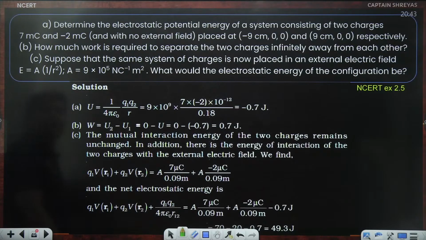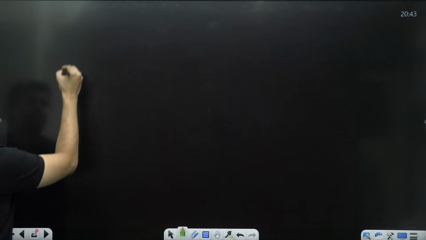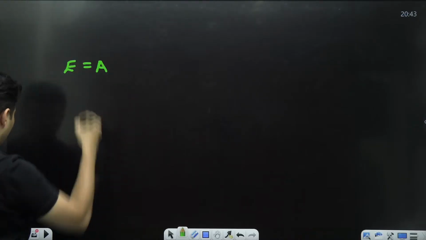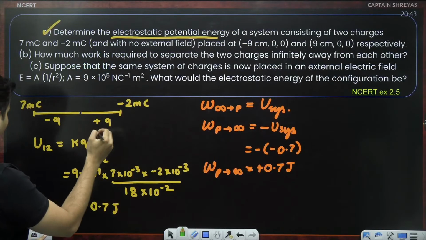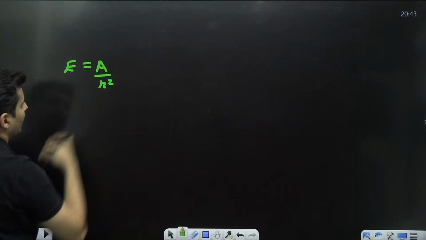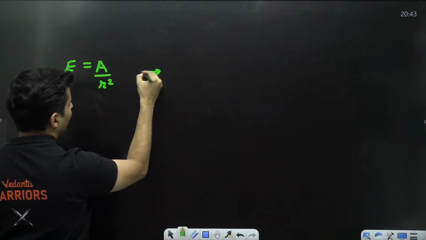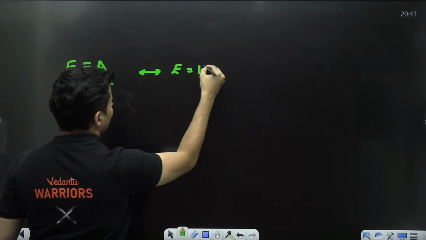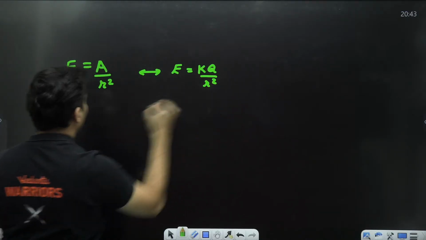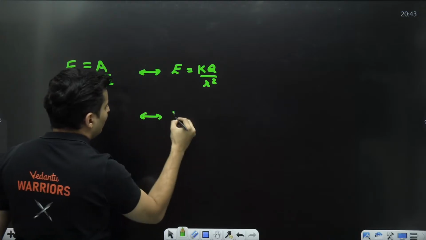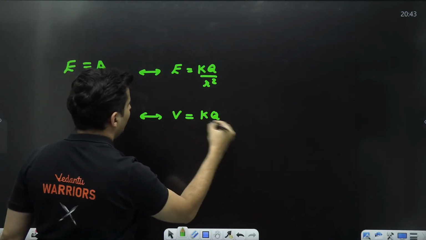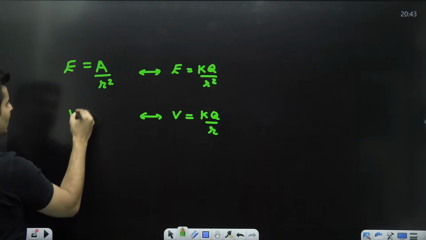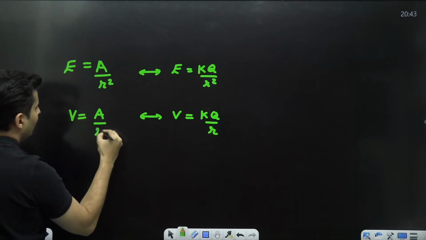Look at it like this. Electric field is A into 1 by r square, that means A by r square. Compare this with the usual formula, which is K Q by r square. Our usual formula for voltage is K Q by R. So the potential formula will be A divided by R.